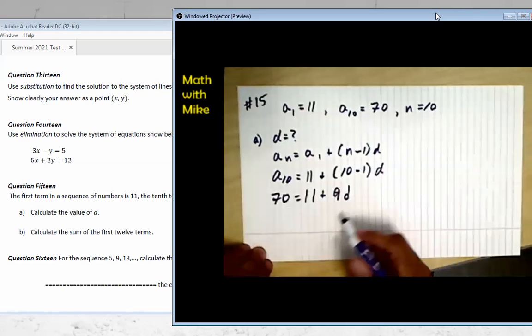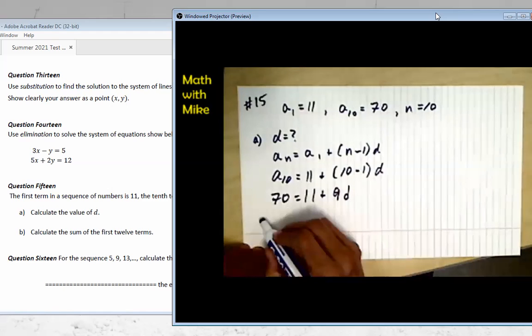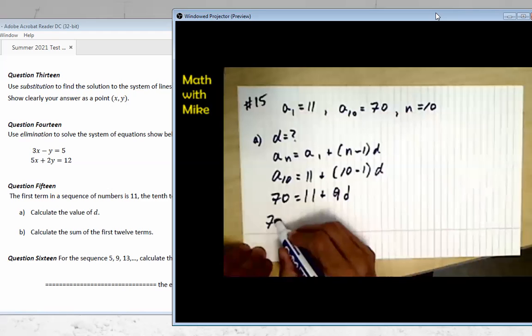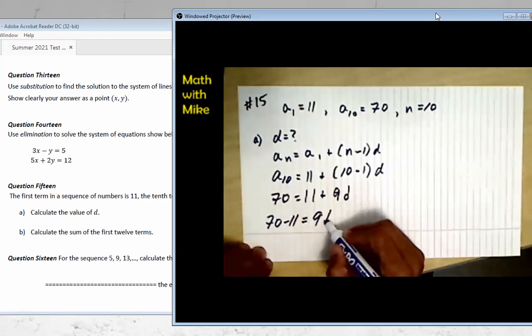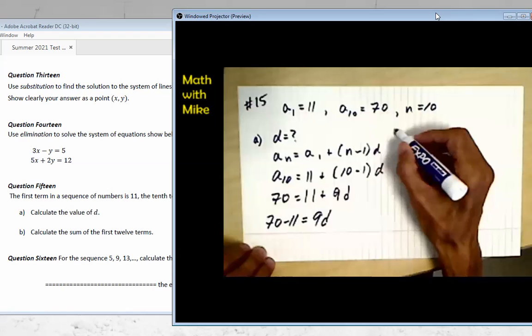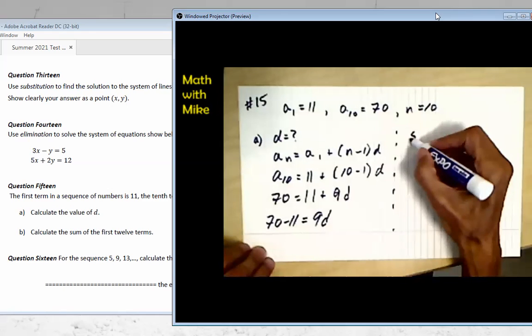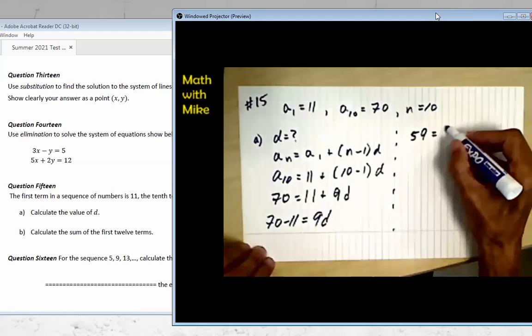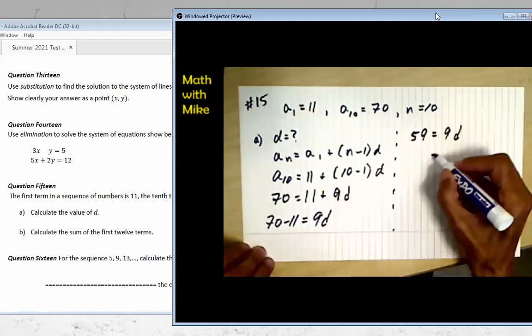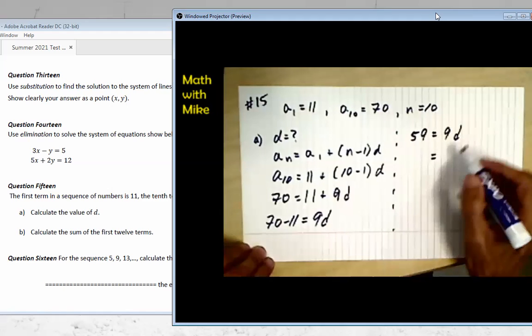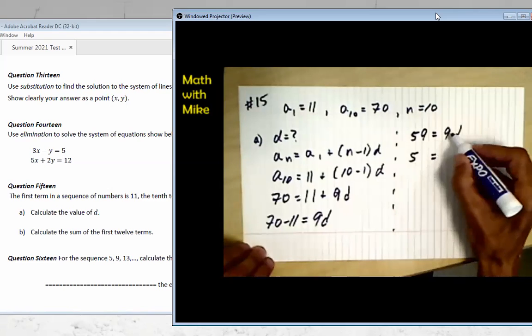A little bit of algebra. I want D by itself. The 11 will go over. That creates 59 on the left side, a weird, awkward number, but divide both sides by 9. Since it's multiplied, do the opposite.